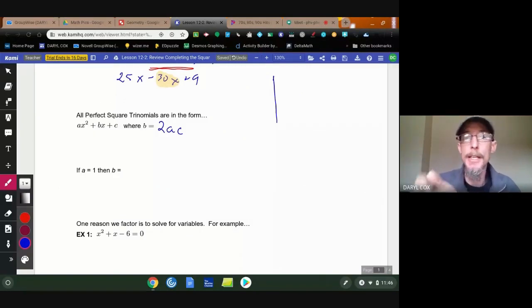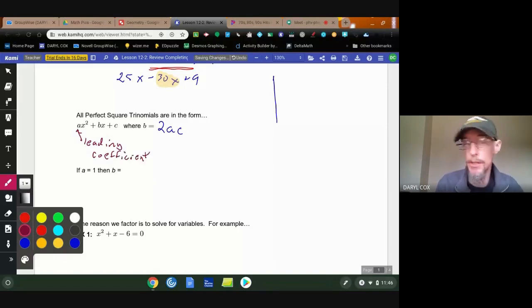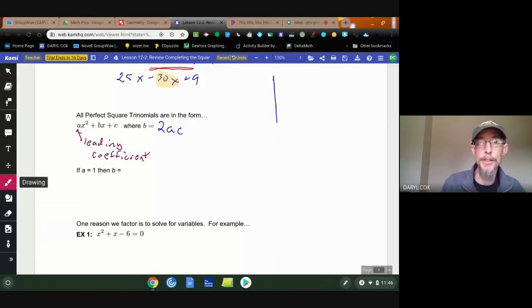Now, things get even easier if a, also known as the leading coefficient, for those of you that have forgotten, is called the leading coefficient because it's the first coefficient when we write it. So that's our leading coefficient. Things get even easier if that leading coefficient is 1.